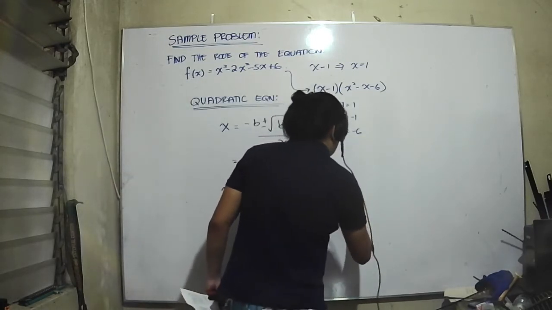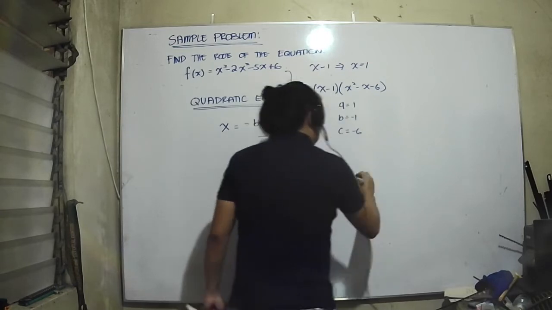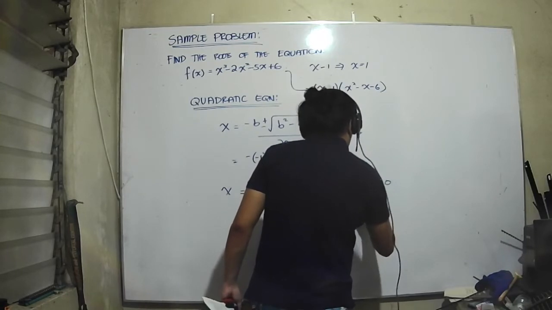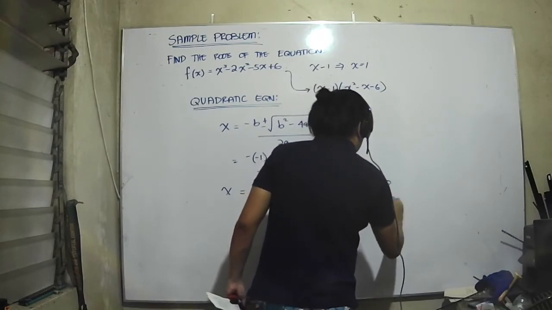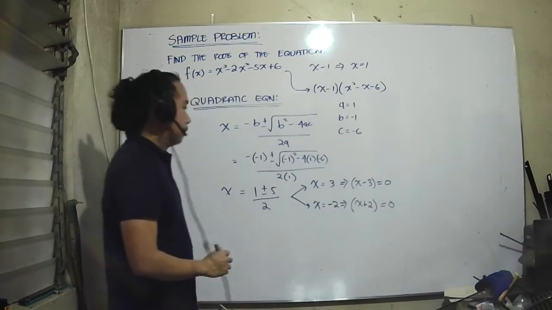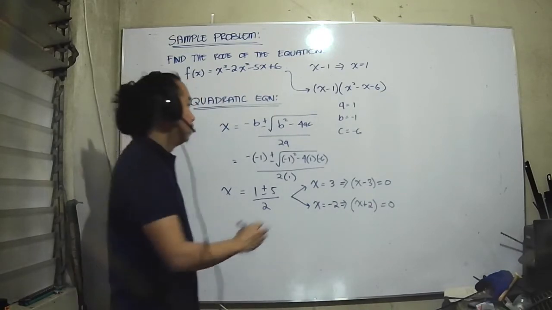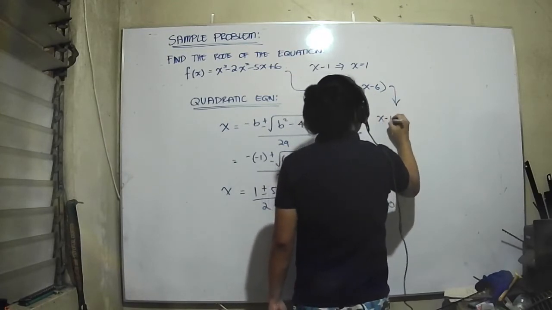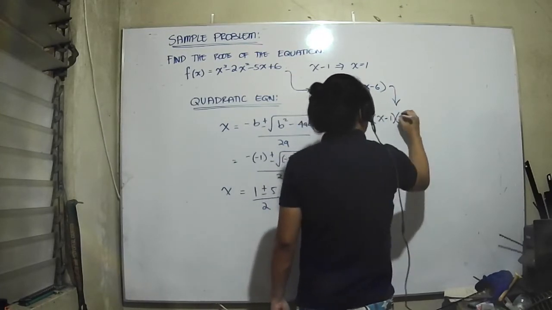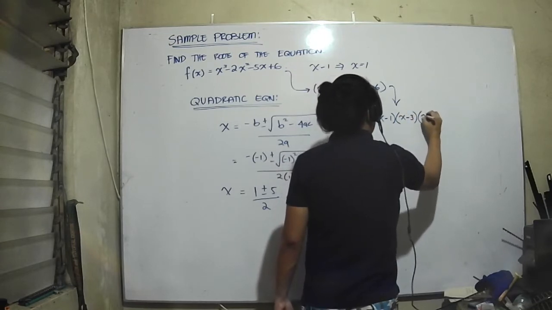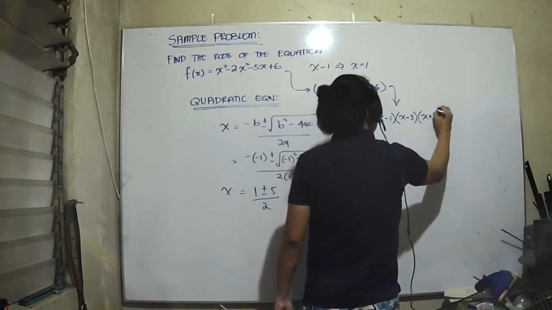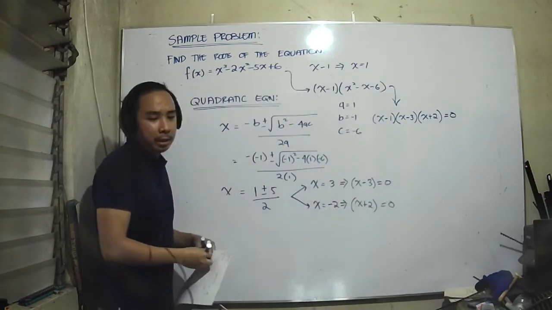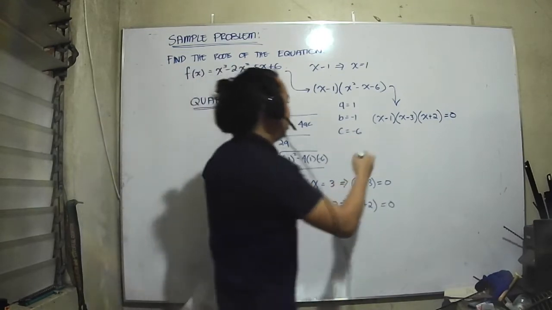Expanding, it's just like saying that x - 3 is equal to 0 and x + 2 is equal to 0. This eventually becomes the same expression, broken down into its roots.